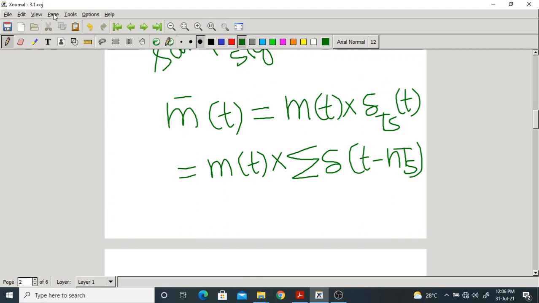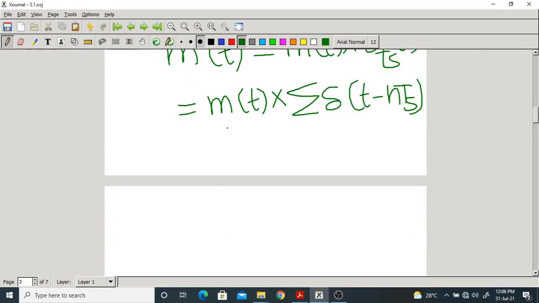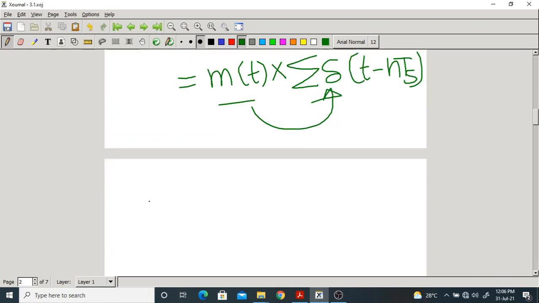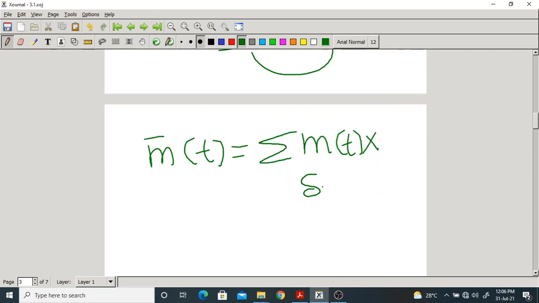Now, if you take the multiplication inside the summation, what will happen? So m delta of t is equal to the summation of m of t into delta of t minus nTs.